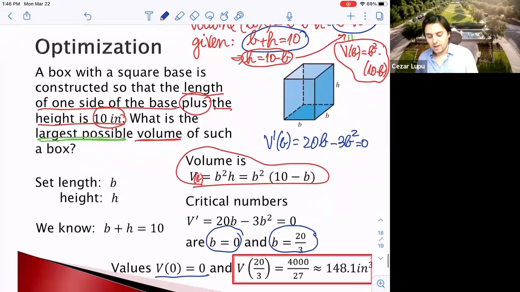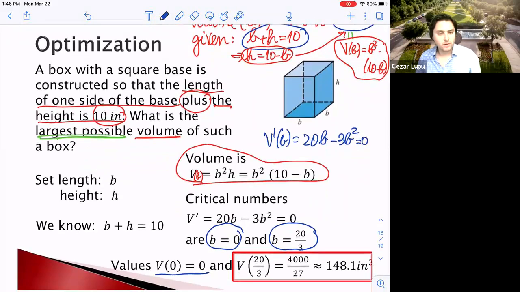But V of 20 over 3 will be 4,000 over 27, which is approximately 148.1 inches cubed. So that would be the largest volume of such a box. You see, you can use critical points and critical numbers just to solve an optimization problem. So that's a real world application, right?